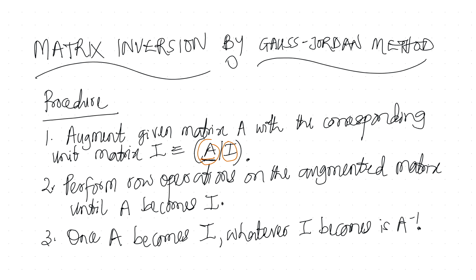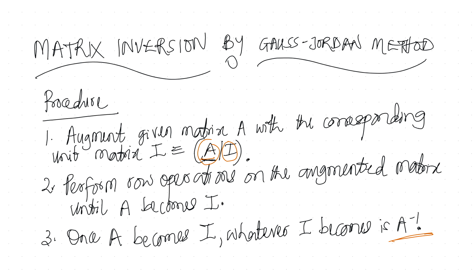So augment your given matrix A with the corresponding unit matrix I, perform row operations on the augmented matrix until A becomes I, and once A becomes I, whatever I becomes will be the inverse of A. That's your A inverse.